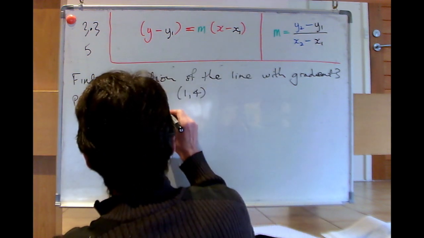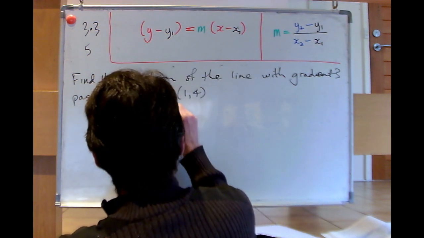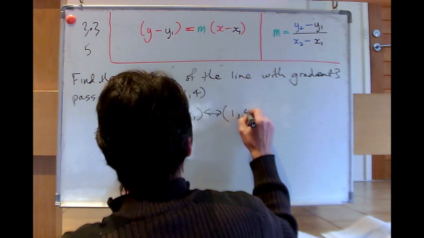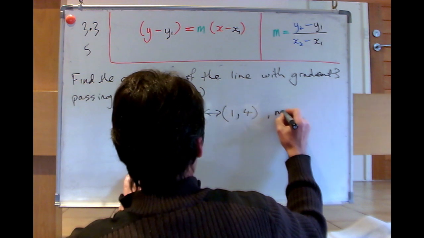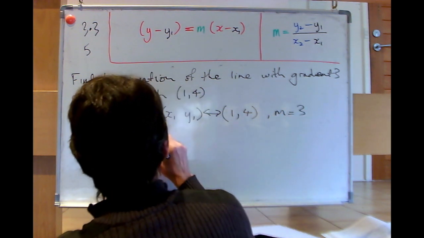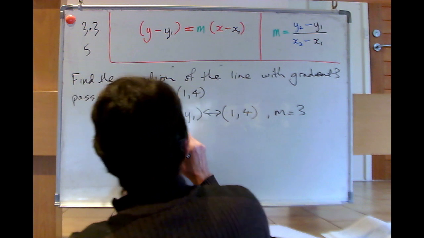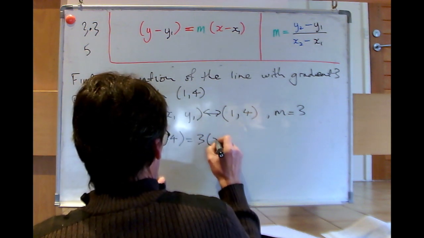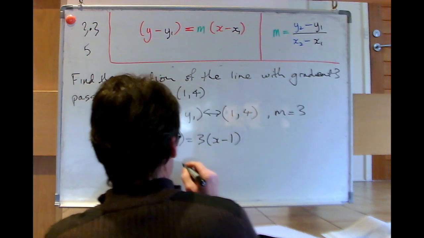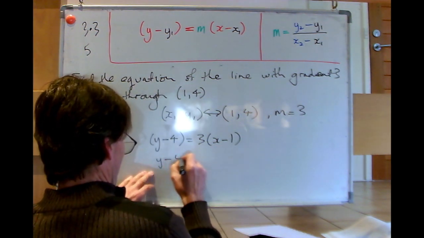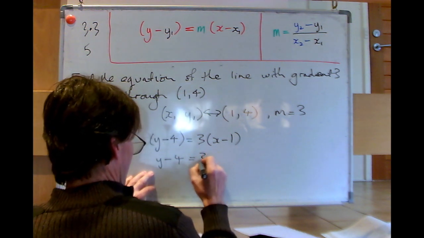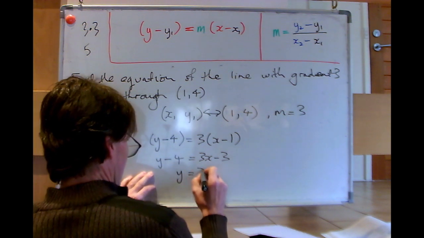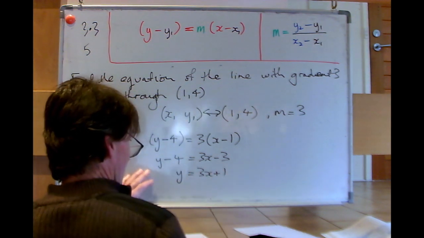So I'm going to let x1, y1 be the point that I've been given, and m is equal to 3. Y minus y1 equals your m value, x minus x1. Expand bracket. Add 4 to both sides, and I'm finished.